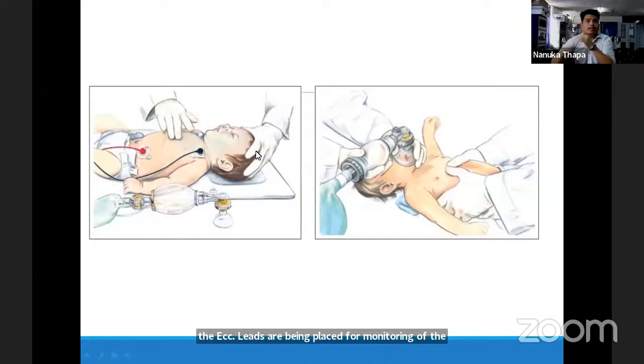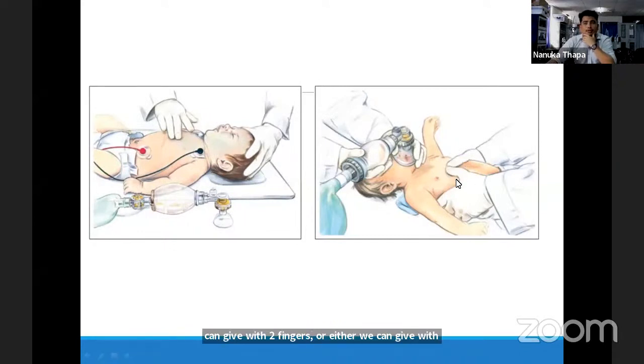When there is a single rescuer, we have to give 30:2 CPR, 30 chest compressions and 2 rescue breaths. Either we can give with 2 fingers, or with 2 thumbs.